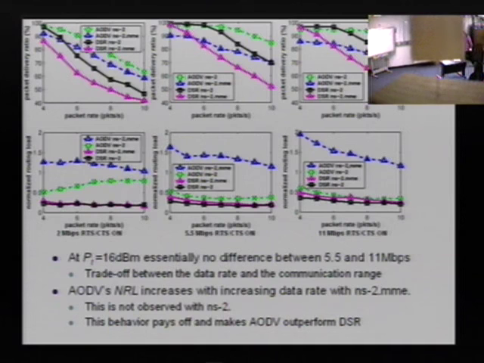And because of that, AODV's routing load increases with NS2-MME because the range is getting smaller. However, you can't observe this with NS2. And actually, the fact that it increases is helping AODV to outperform DSR.